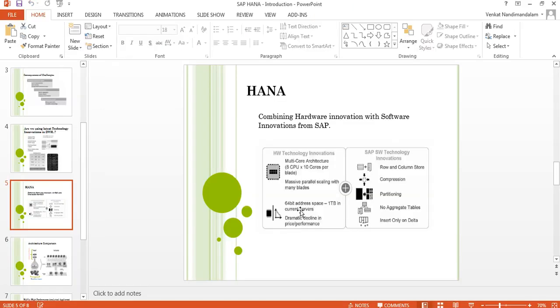That is the hardware innovation part you have in HANA, which means you have multi-core processing available, parallel partitioning available, and your entire data in RAM itself. So this is the hardware side. Now what are the advantages that we got on the software side?